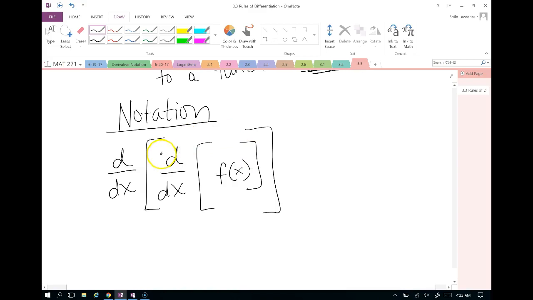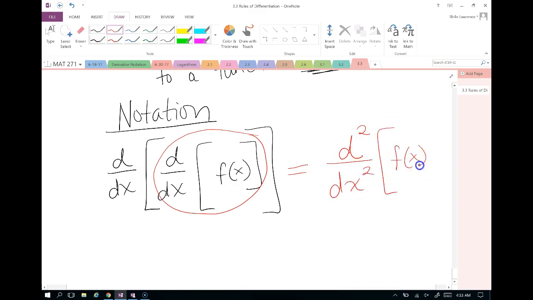We see it here telling us to do it once, and then once we get that answer, we then do it again. We could consolidate this down and just say d2 dx2 of f of x. Those 2's mean second derivative. We're going to apply our derivative rules twice.